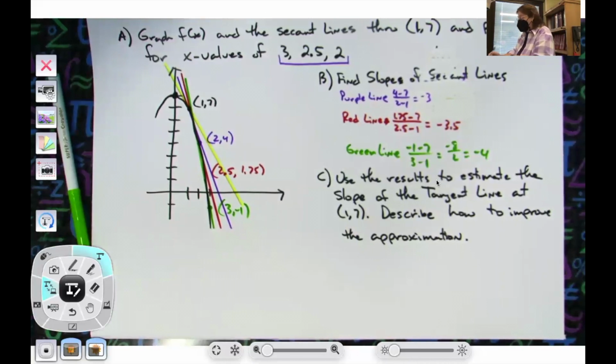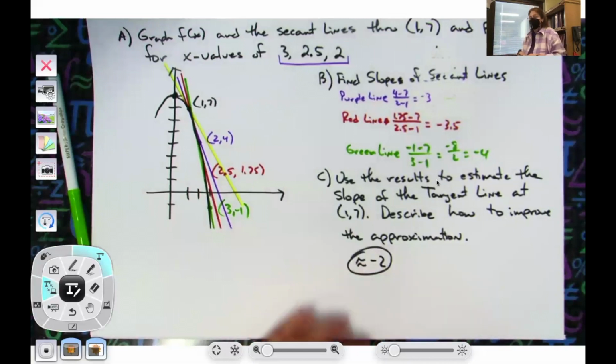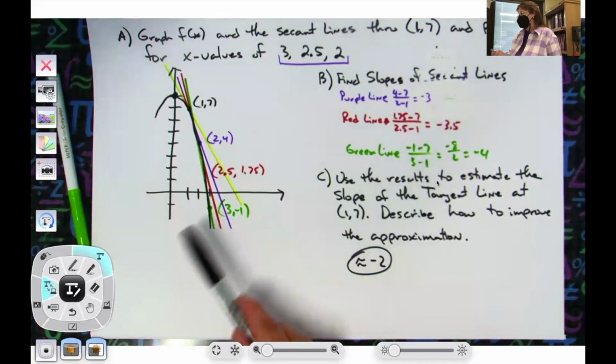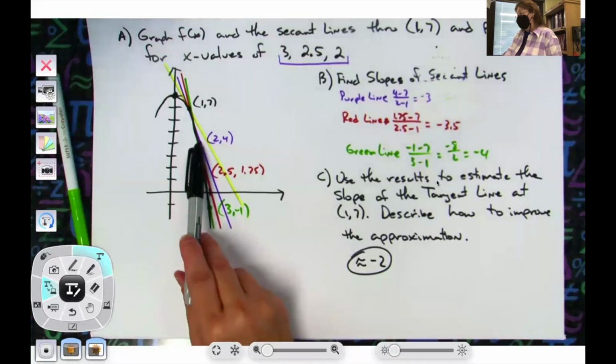Okay, so we approximated it at about -2.5. The second part says describe how to improve the approximation. So this is what we were doing earlier with that tangent line. I picked a green point here, then the red point, and then the purple point.